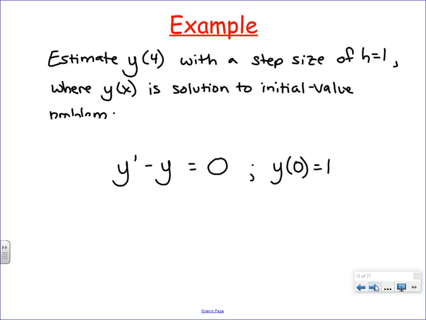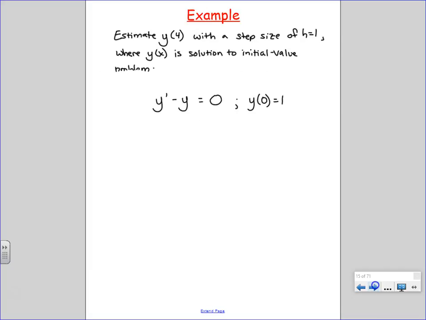So, ready? Now, this one is a big step size, right? The step size is 1. How accurate is that? We're just trying to start with an easy step size. Does that make sense? We're going to get to y of 4.